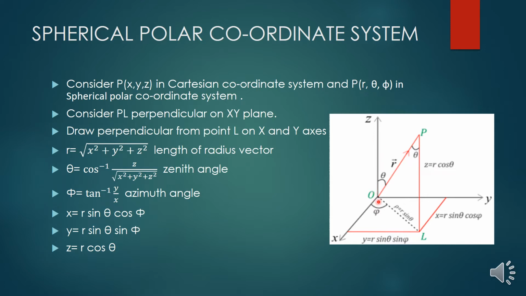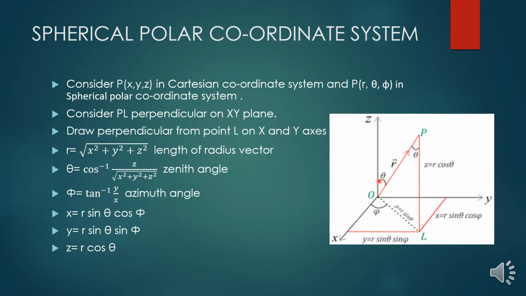So just draw a line joining origin and the point P. A vector from O to P, that is r bar, is called the position vector of point P with respect to origin O. Theta is the angle made by the position vector with respect to z axis.